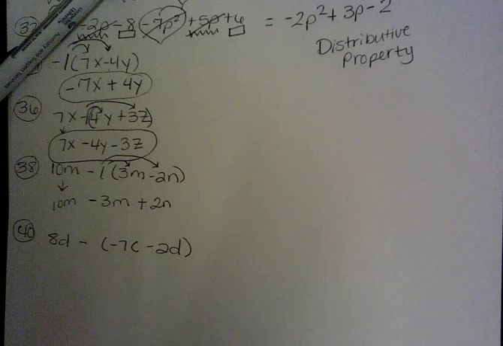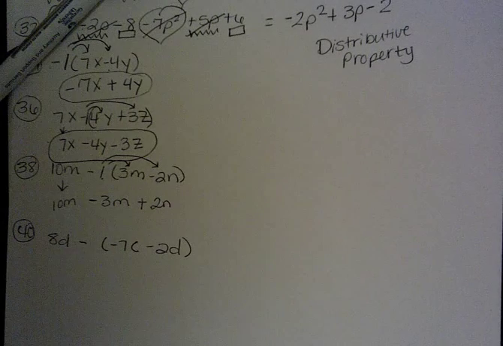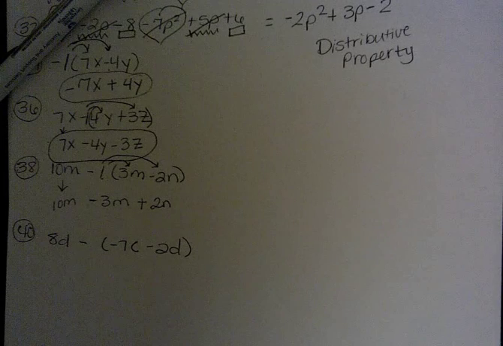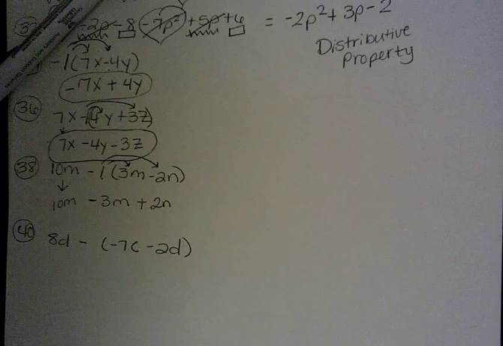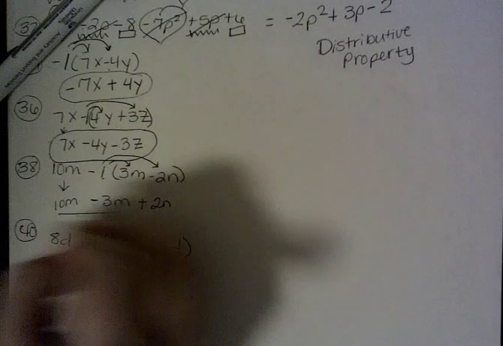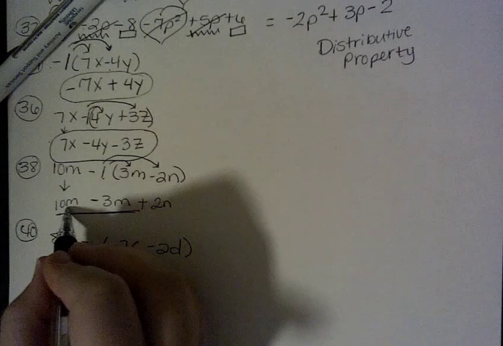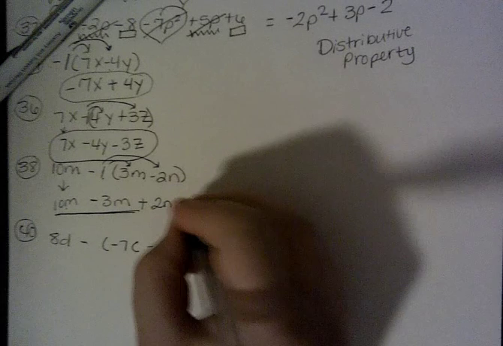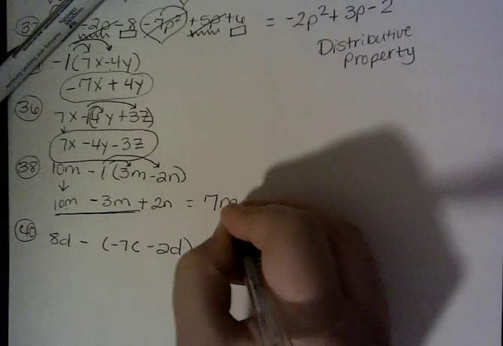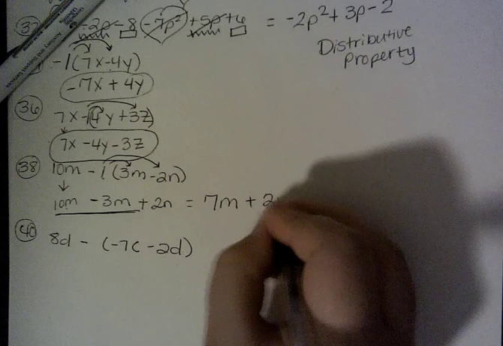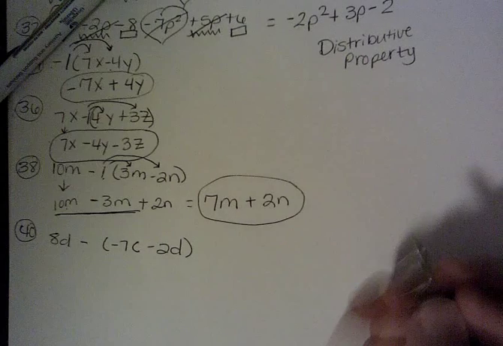Now notice that we can simplify here. There are like terms that we can combine, which are right here, these m's. So 10m minus 3m is 7m, and you bring that plus 2n over. That's what they mean by simplify where possible.